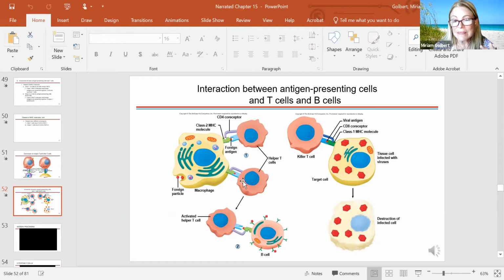They get together, and this activated helper T cell now tells the B cell, hey, you need to start making antibodies for this very specific antigen. So both are working at the same time. The B cells are activated by the helper T cell. The helper T cell also tells the killer T cell, and this is kind of like a chain reaction that is going to help take care of the infection.